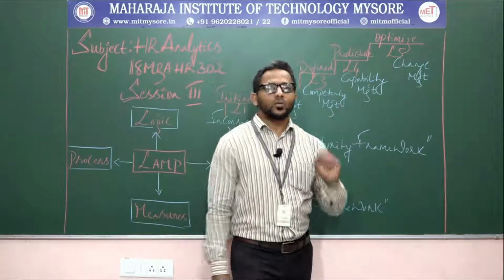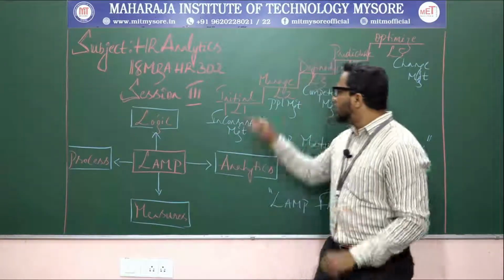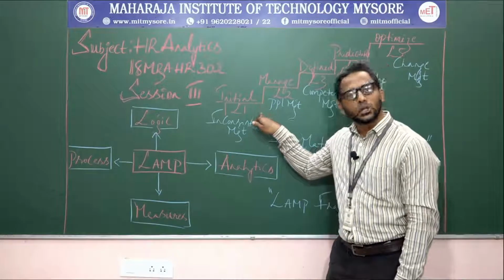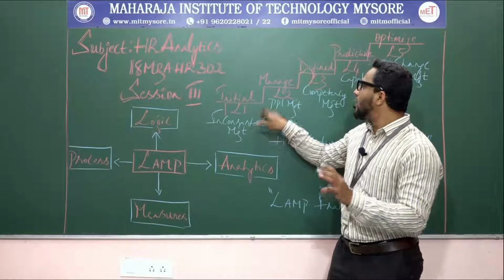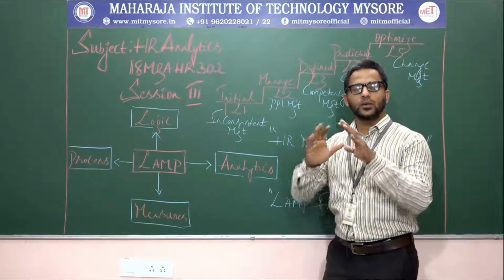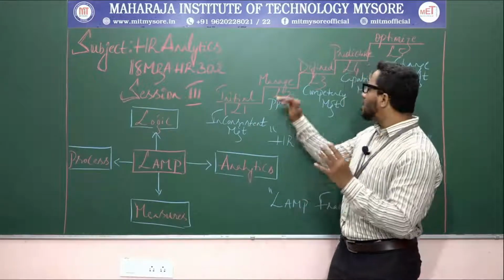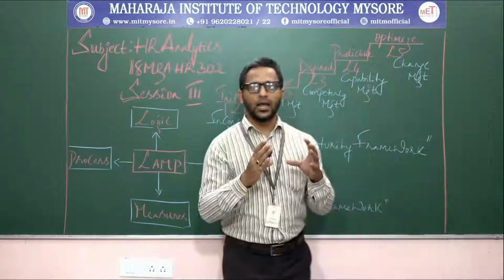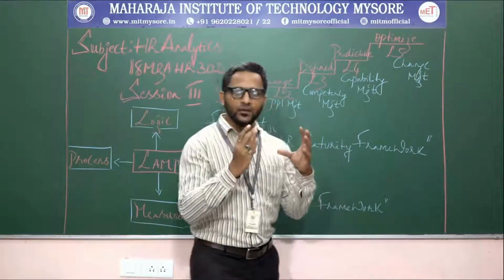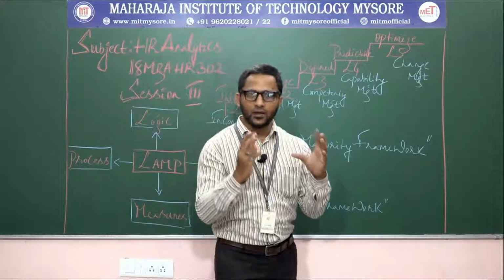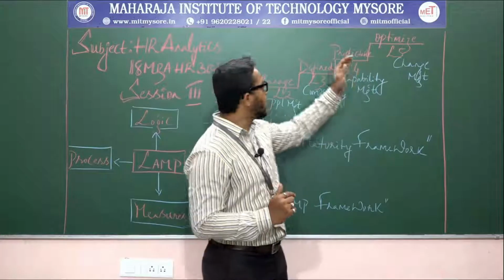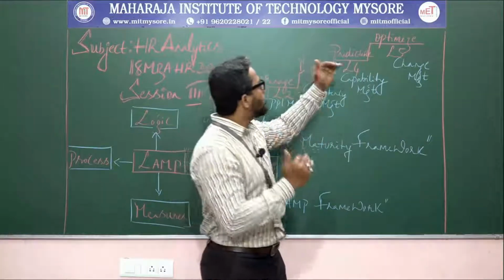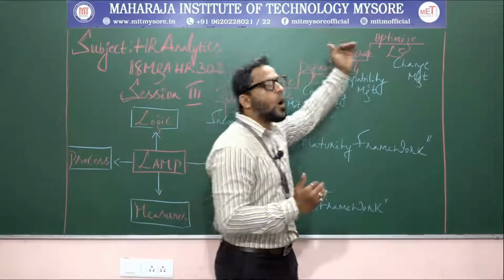Let's see what we call these stages. First we call it the initial stage, a very beginning stage, and from the initial we go to the managed stage, where we are trying to manage. After managing we are defining. In L3 it is the defined stage, and after the defined stage comes the predictable stage, where you try to predict the future, and from the predictable stage we go to optimizing.